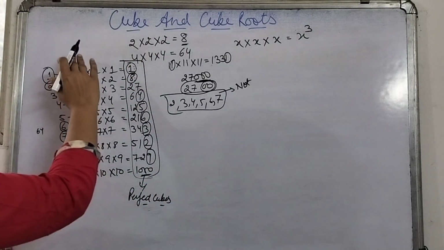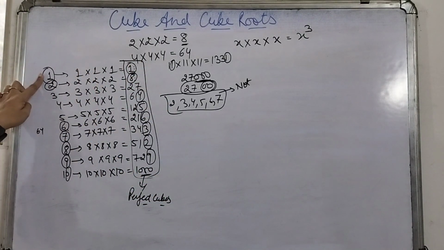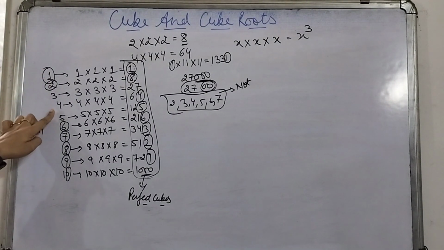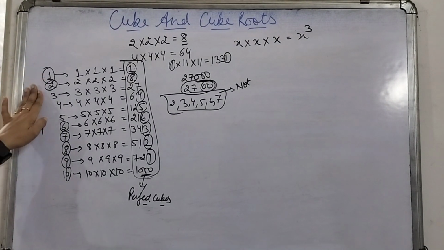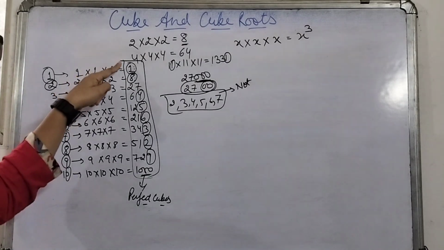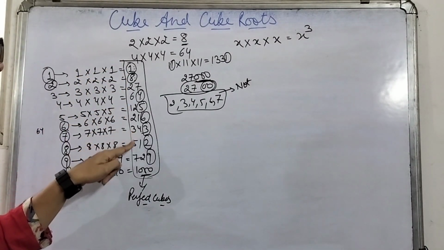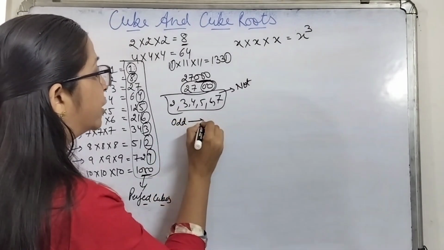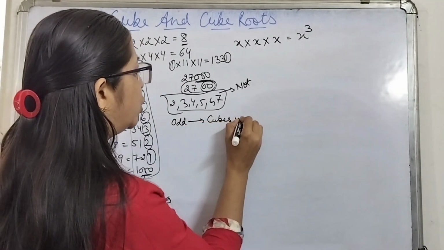Now what we can conclude from here: if a number is an odd number, see 1 is an odd number, 3 is an odd number, 5, 7, 9, then their cubes are odd numbers.